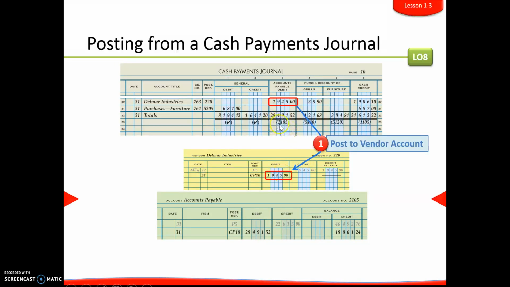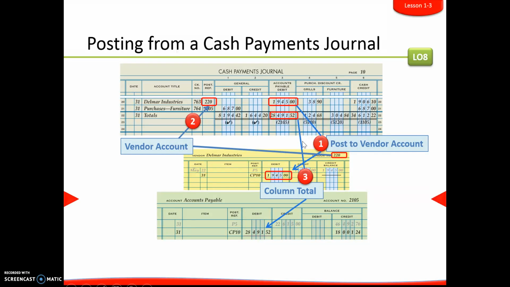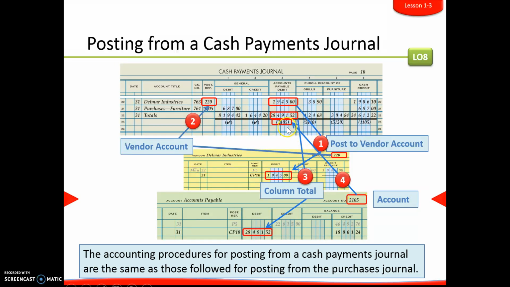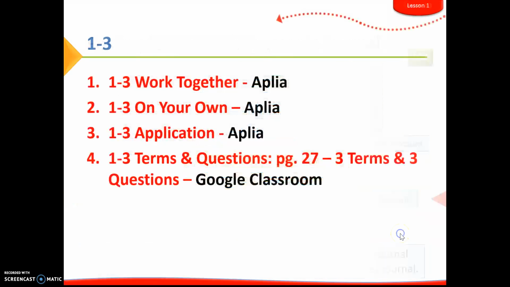The total, the $28,491, gets posted as a total to accounts payable. And then its account number, which is 2105, gets put up underneath the accounts payable debit total. So they're the exact same as if we posted before. So nothing too new there, it's just a friendly reminder for you.